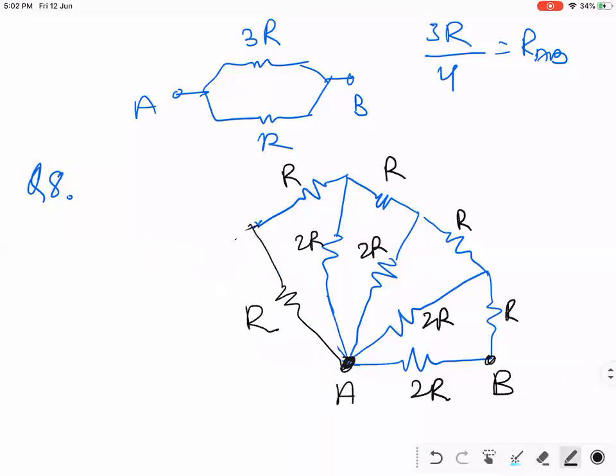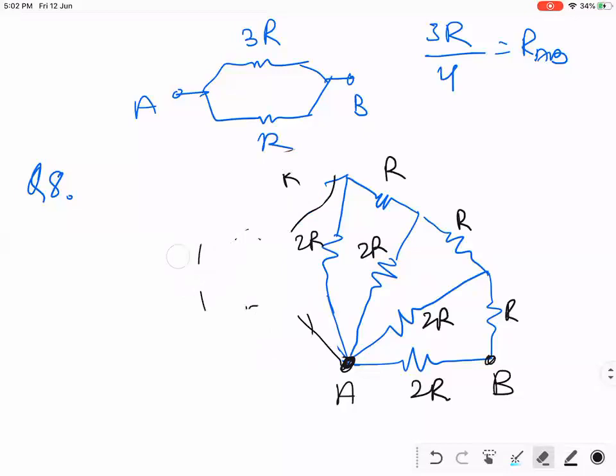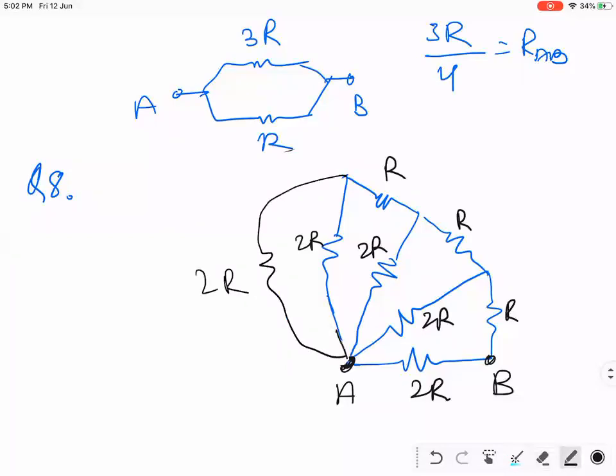Again this R and R will become series, again this 2R. Okay, so I'll arrange again. I will attach a 2R at the place of this R and R. Now this 2R and 2R in parallel will become, Ganesh?